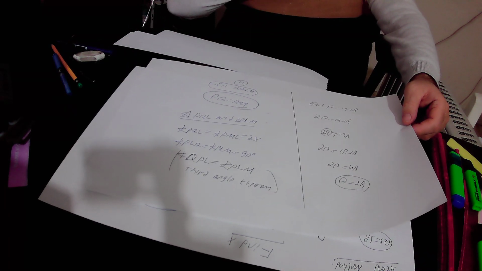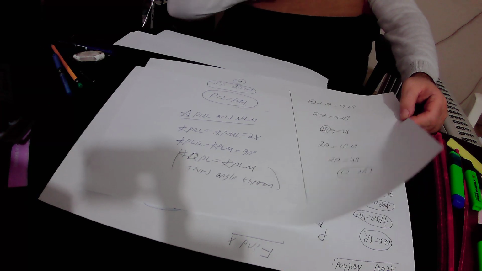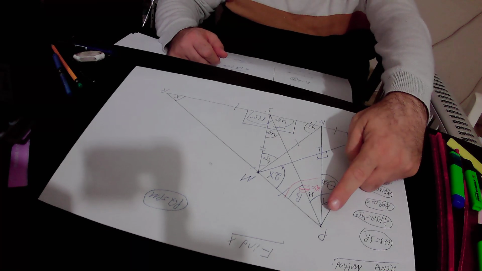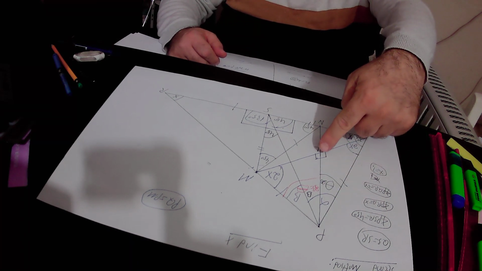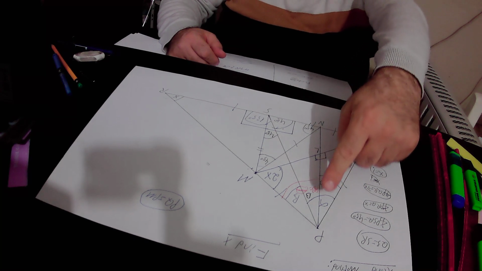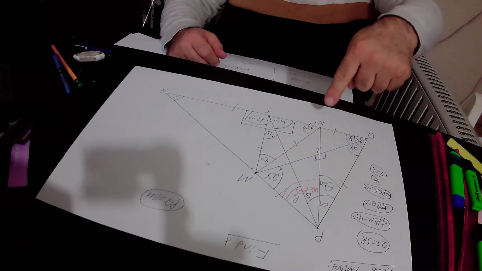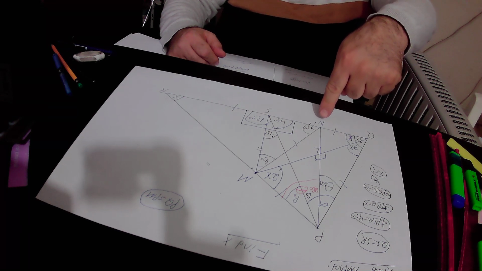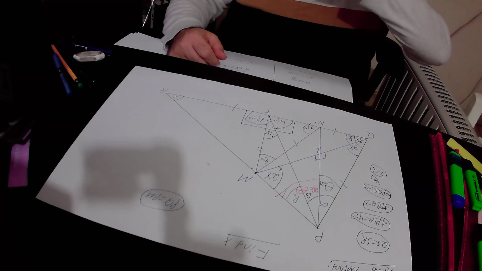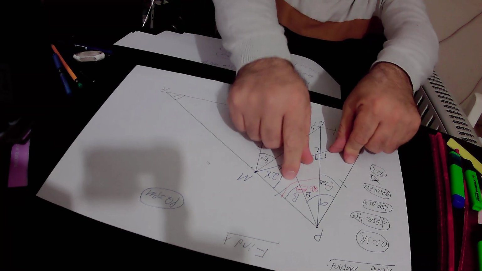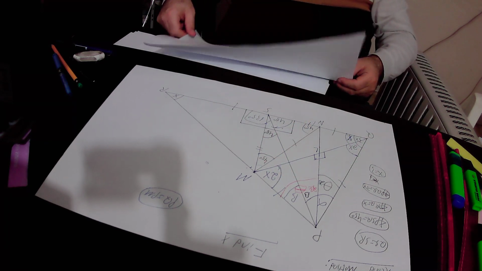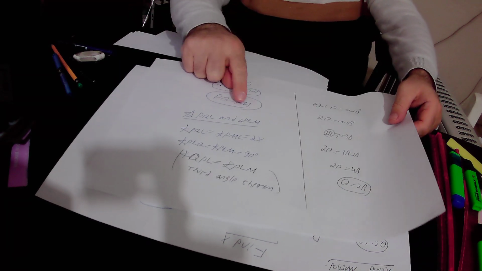Then in triangle PQM, from point P we drew a perpendicular to QM, so this angle equals 90 degrees, this angle also equals 90 degrees, and we extended the perpendicular until it touches the QS at point N. Then we focus on those two right triangles, PQL and PLM.